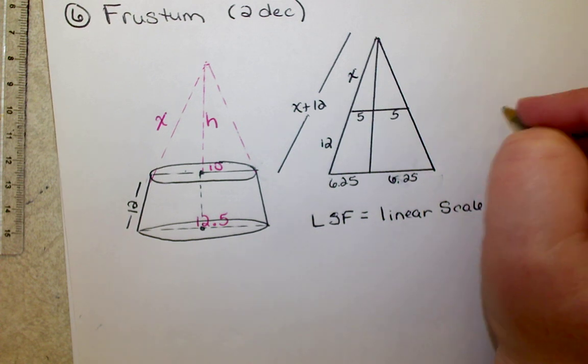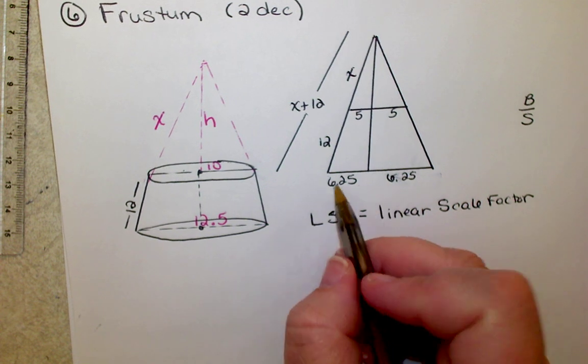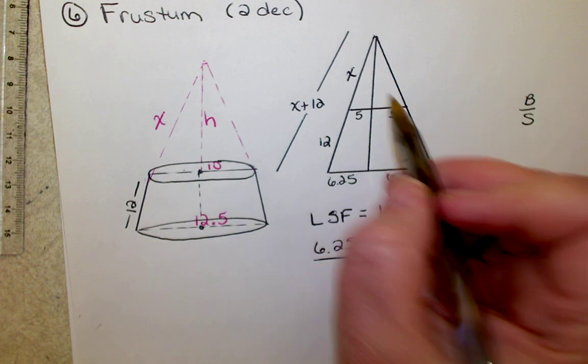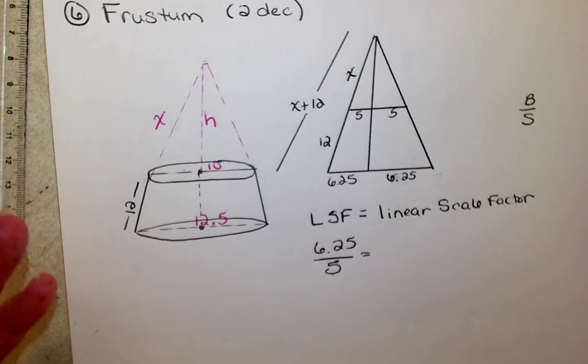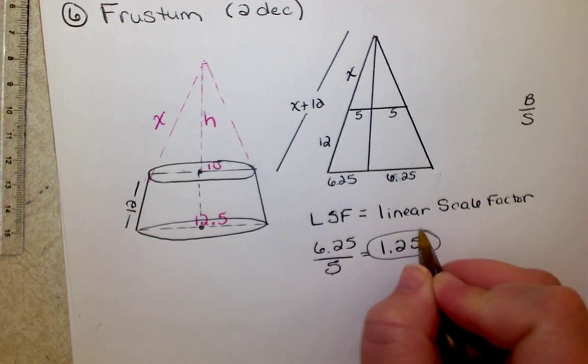Now, I'm going to do the big cone to the small cone. Okay, so the radius of the big cone is 6.25. The radius of the smaller cone would be 5. 6.25 divided by 5 is 1.25. So that is our linear scale factor.